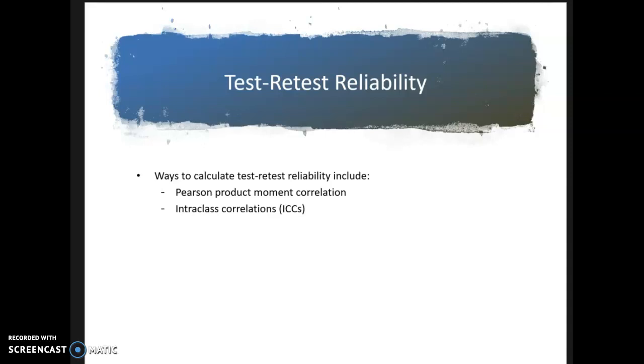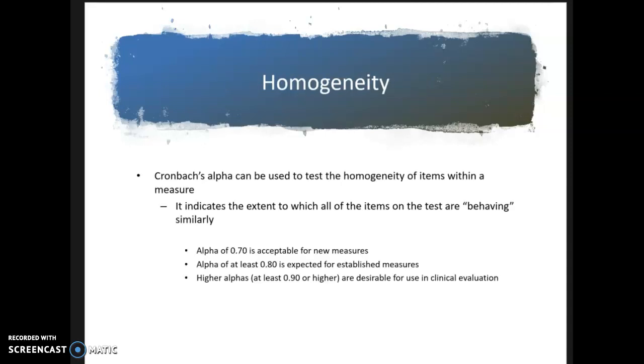In addition, when we look at statistics, we want to look at the type of statistics that test things specifically. We need to know what statistical tests are appropriate for certain uses. That's where we're looking at Pearson and intra-class correlations. When we're looking at things that are alike, we want to look at Cronbach's alpha.